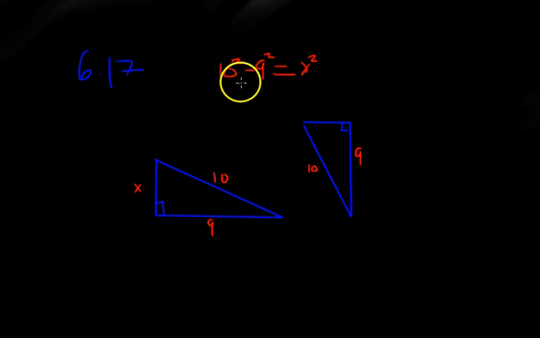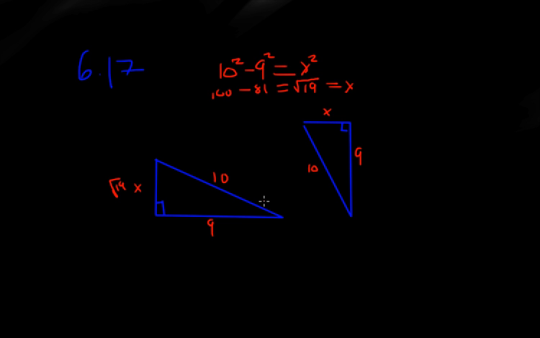So you get 100 minus 81, which is 19, so x is equal to the square root of 19. Then you do the same process for this triangle, call this x, and you get that this side is also equal to the square root of 19, and so these two triangles are in fact congruent.